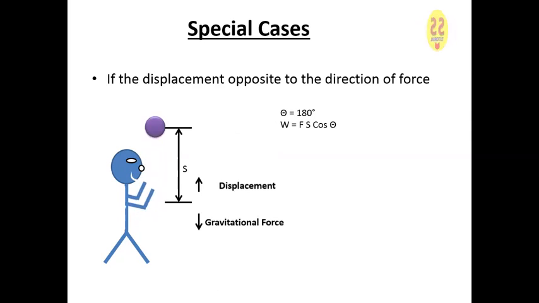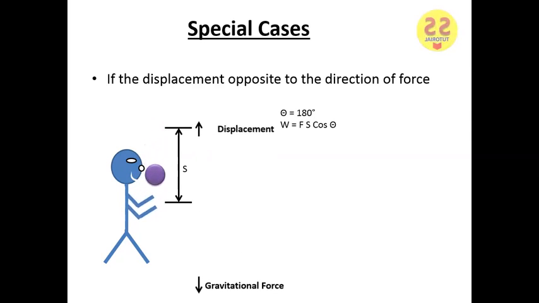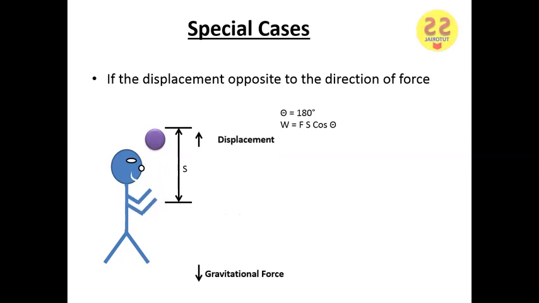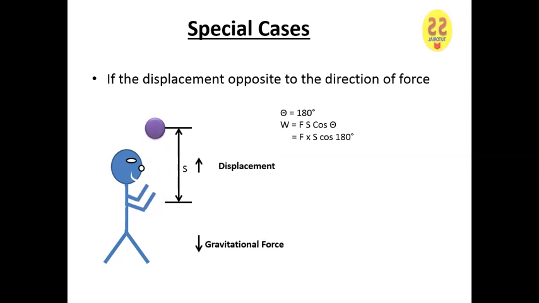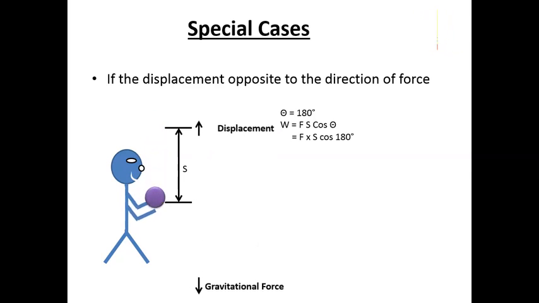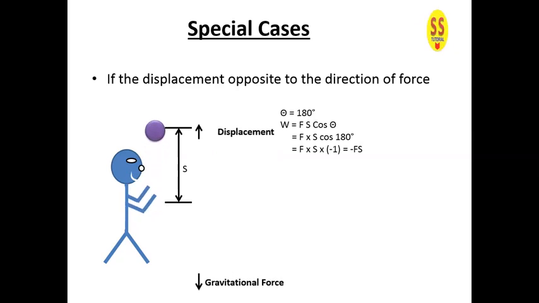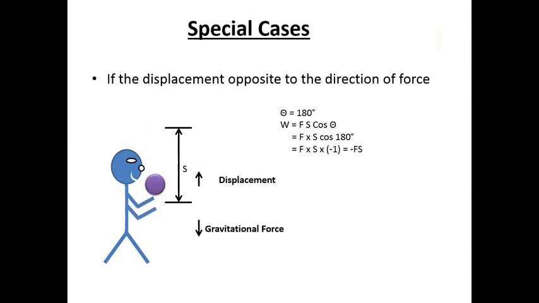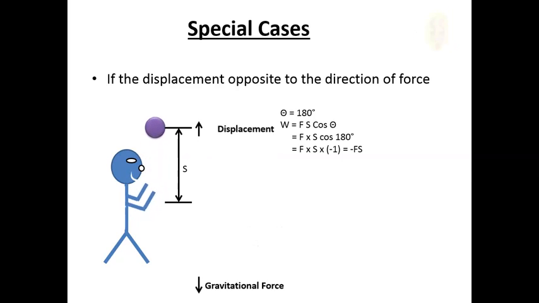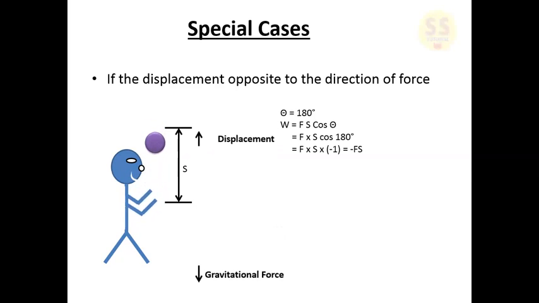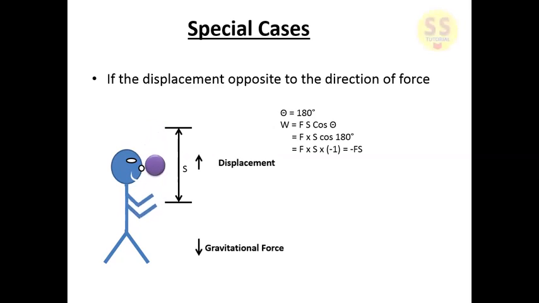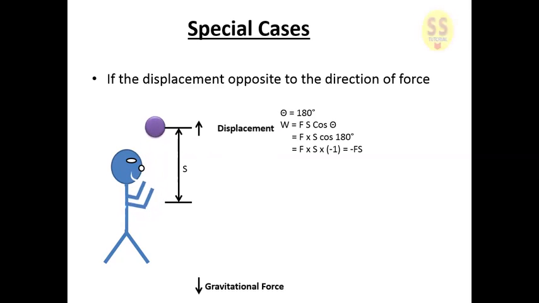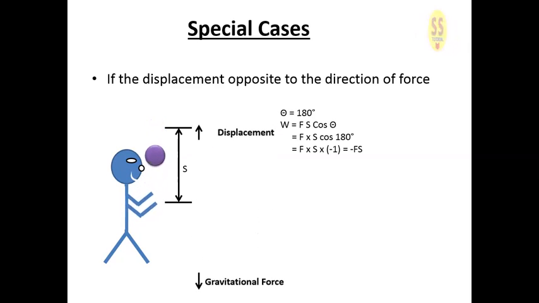So our work done is equal to force applied into distance covered into cos theta. So Fs cos 180 degrees. The value of cos 180 is -1. So it is minus Fs. So if the displacement is just opposite to the force, then work done is called negative work.